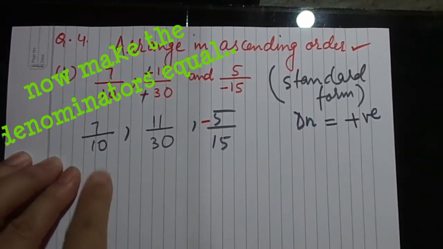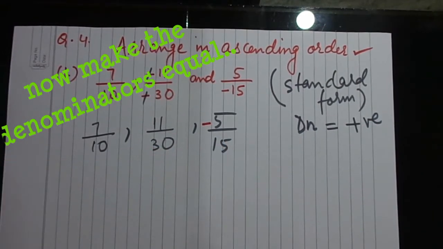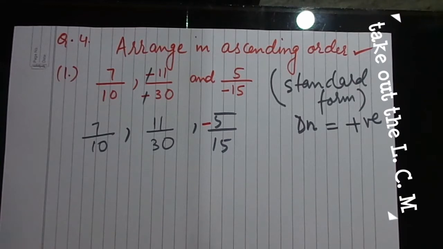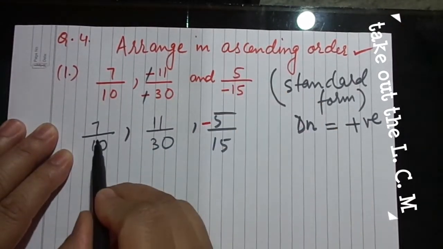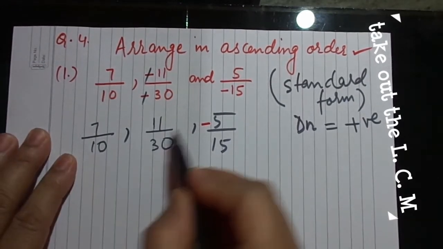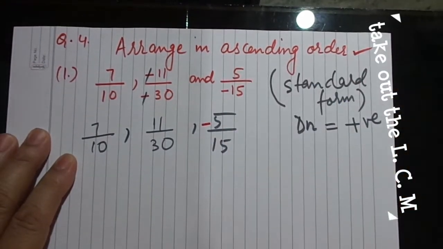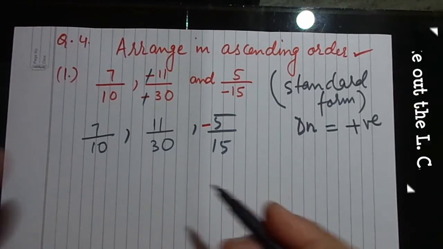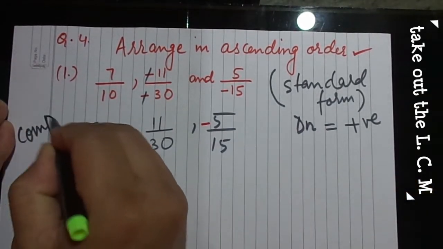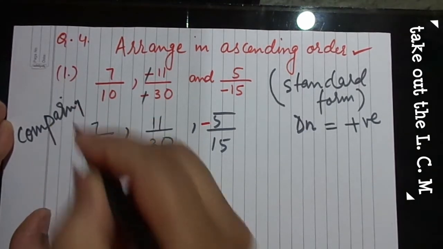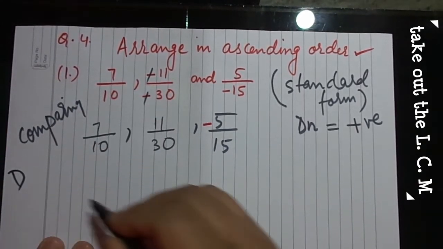So I have made the denominators positive. Clear? Now, in order to know the order of the numbers in ascending form, or in order to compare the numbers, the denominators should be equal.